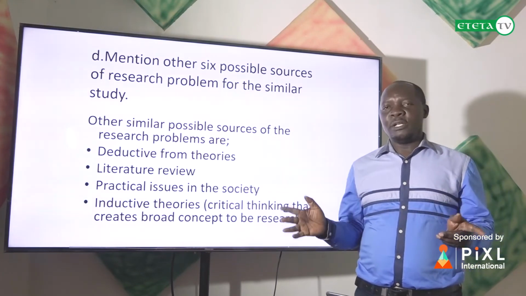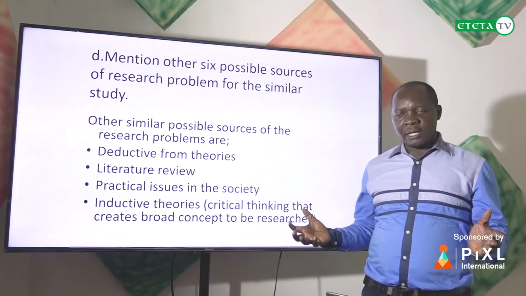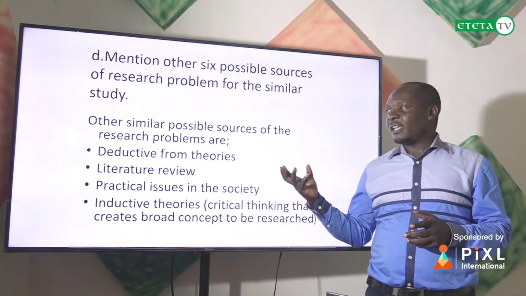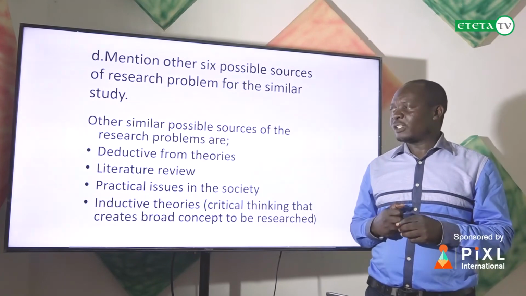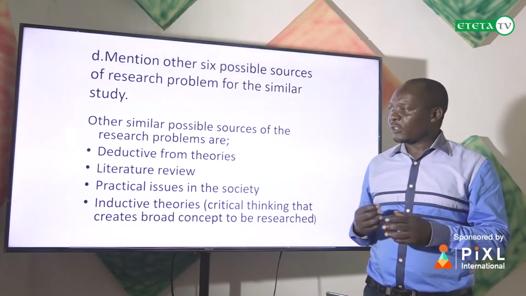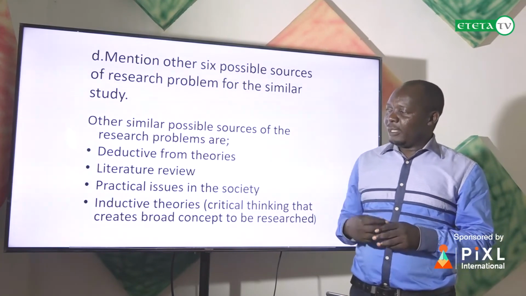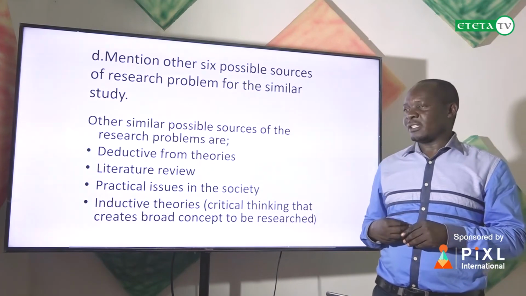Another source is literature review. That means by reading different literature, one can get a topic for conducting research. So literature review is another source of getting a research problem. Number 3, practical issues in the society.